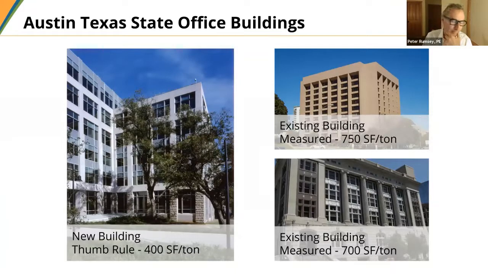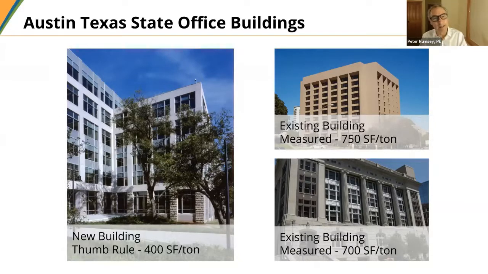We were designing a new building and we did our load calculation, and we were coming up with a number of 600 or 700 square feet per ton of operation. So the higher number means smaller cooling. But the thumb rule said 400. And we said, no, we can do 600. And the local engineer said, no, you have to use the thumb rule, 400.